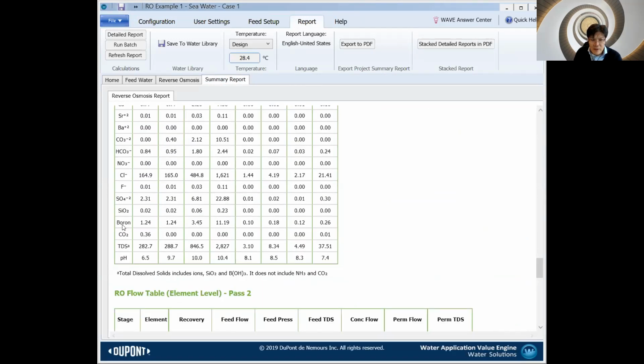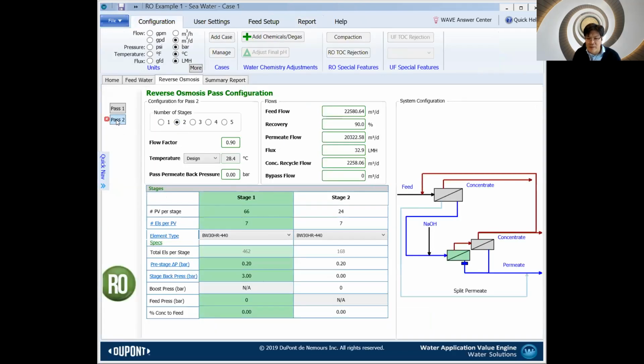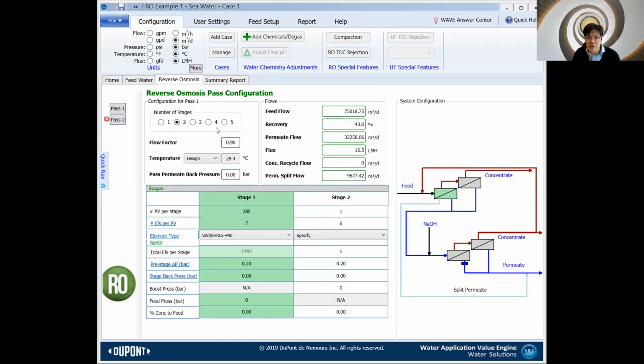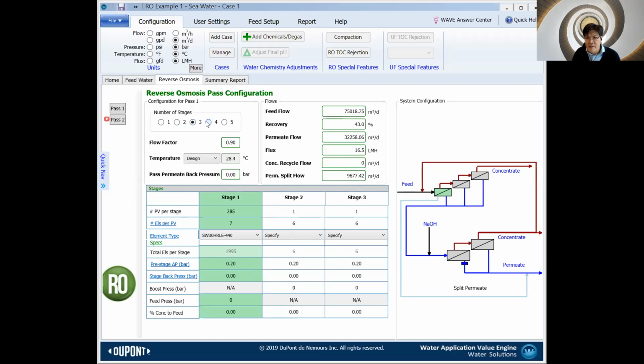For the second pass, your initial concentration from the first pass is 1.24, and the final concentration will be lower than 0.26 milligram per liter, which meets your water standard. So we designed the second pass. You see the first pass goes to the second pass, and then when you recover, you can select stage 1, stage 2, stage 3, stage 4.